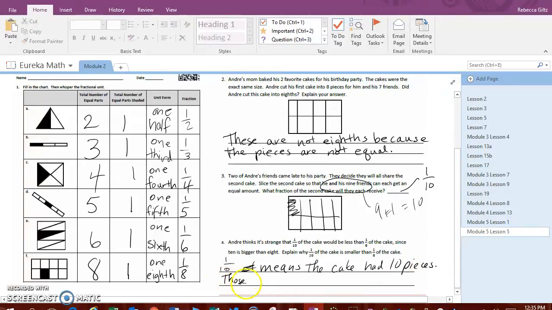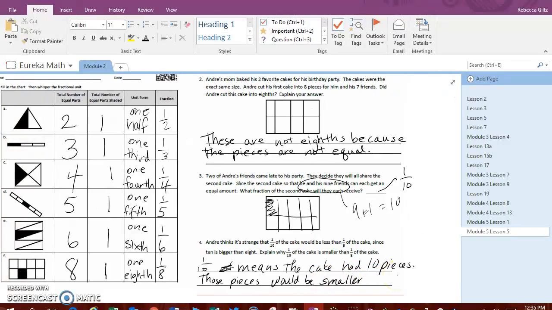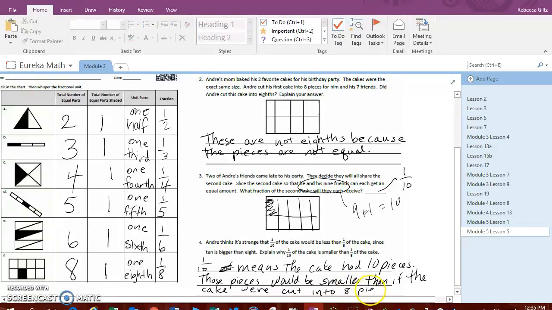Those pieces would be smaller than if the cake were cut into 8 pieces. Okay?